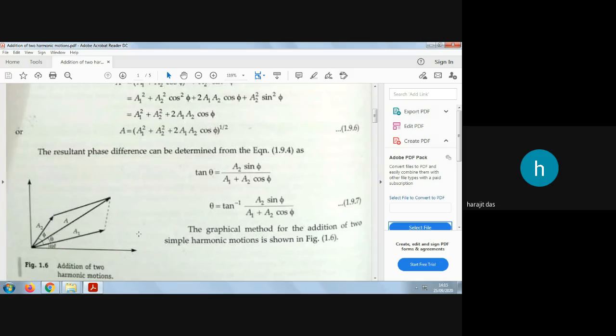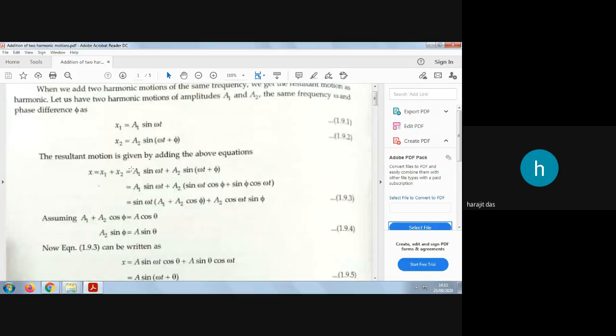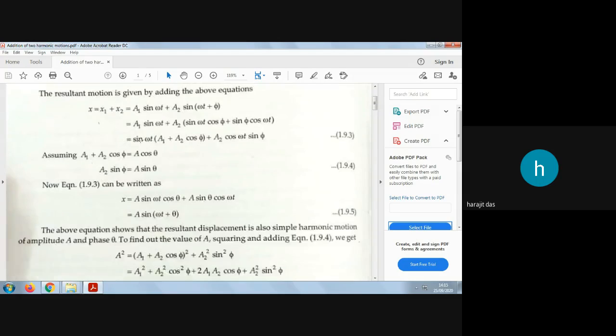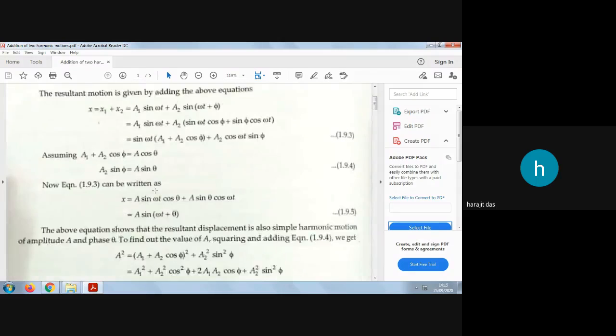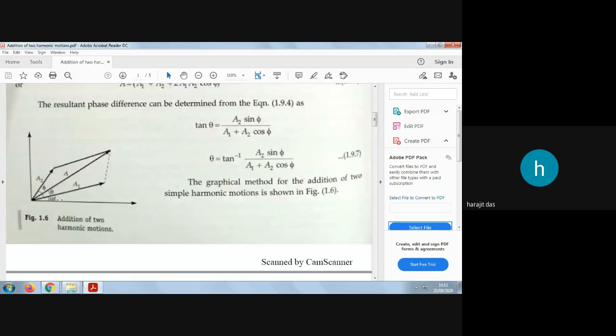Now, suppose the magnitude of a1 is given, this is a1, and its angle is omega t with respect to this reference line. Since the magnitude is not given, if it were 10 we could take 10 centimeters, but we have taken it arbitrarily.